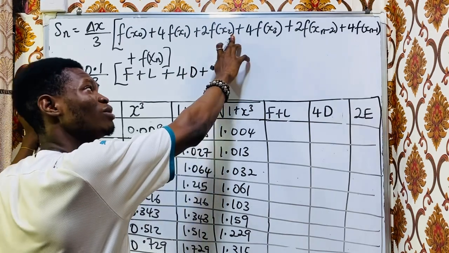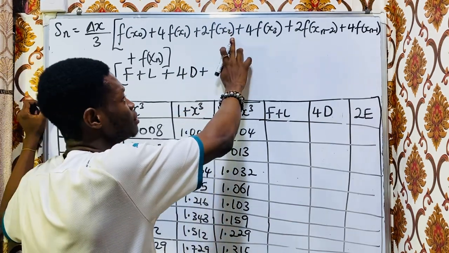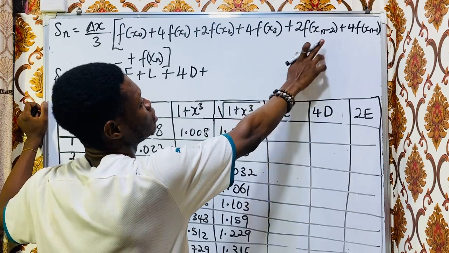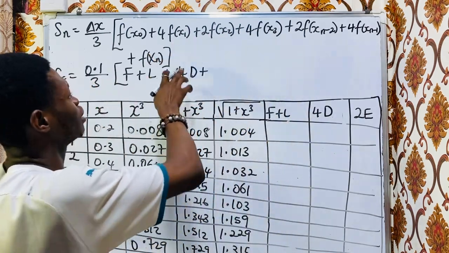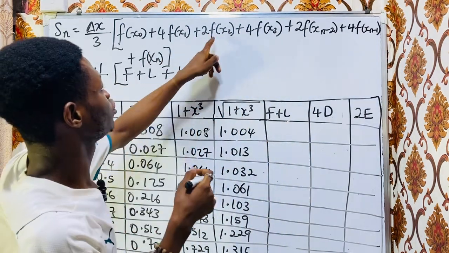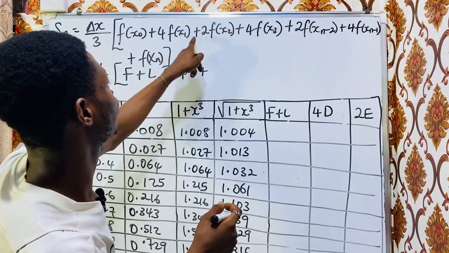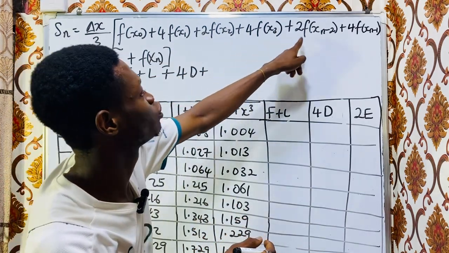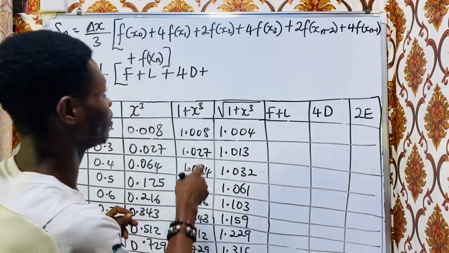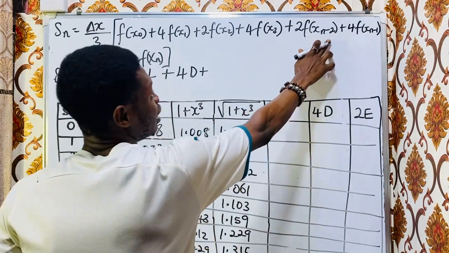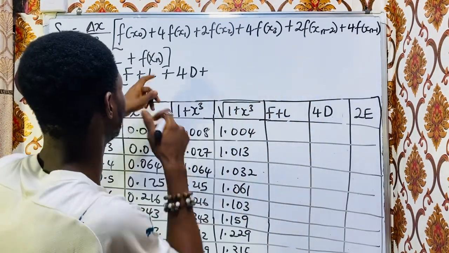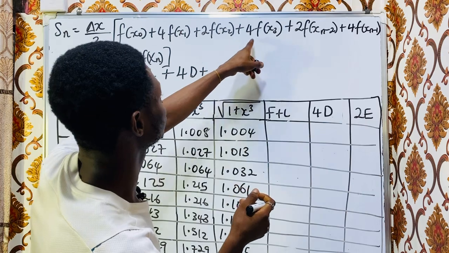Plus, do you see that 2 is multiplying all even numbers? Which other one is 2 multiplying? 2 is multiplying this even number. 4, 2, 4, 2. If you want to get the next term here, it will be x1, x2, x3.